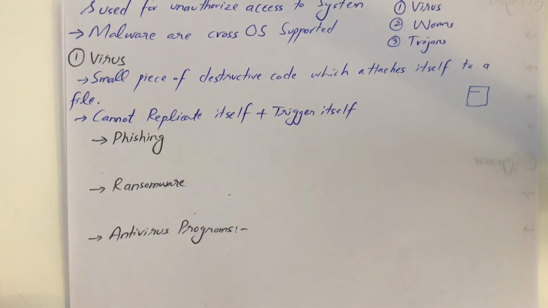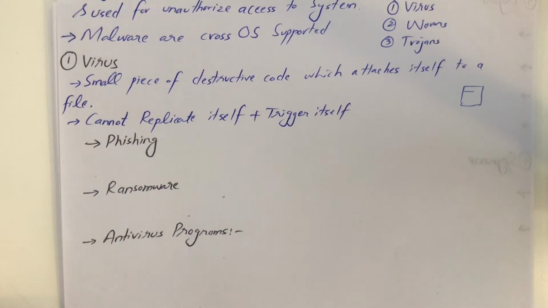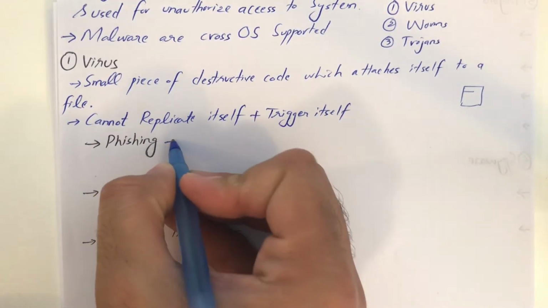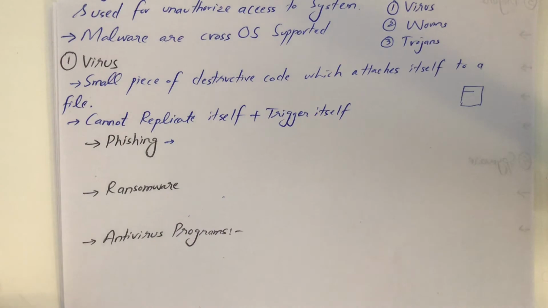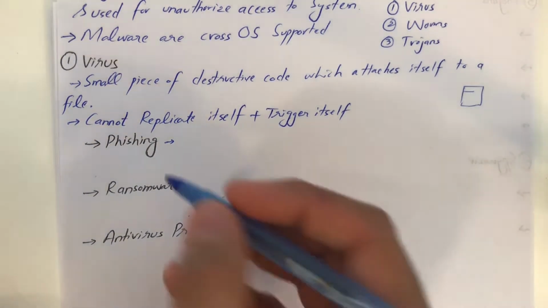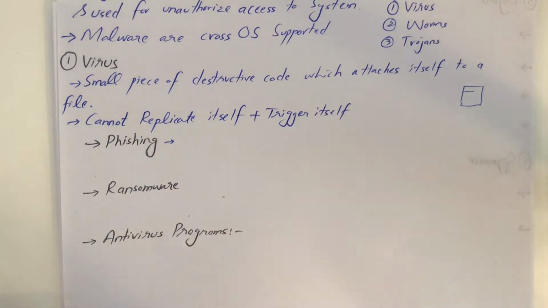There are many examples of how a virus can be attached. One of the common types of virus propagation is phishing. Phishing is basically tricking people over email. That's the typical definition. But how can a virus be propagated through phishing?